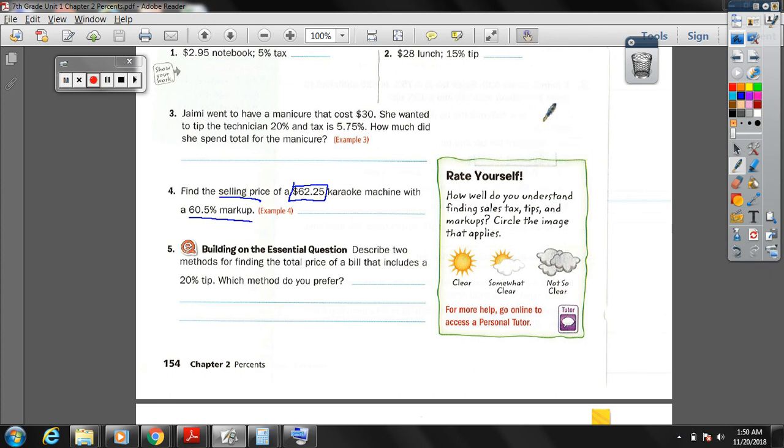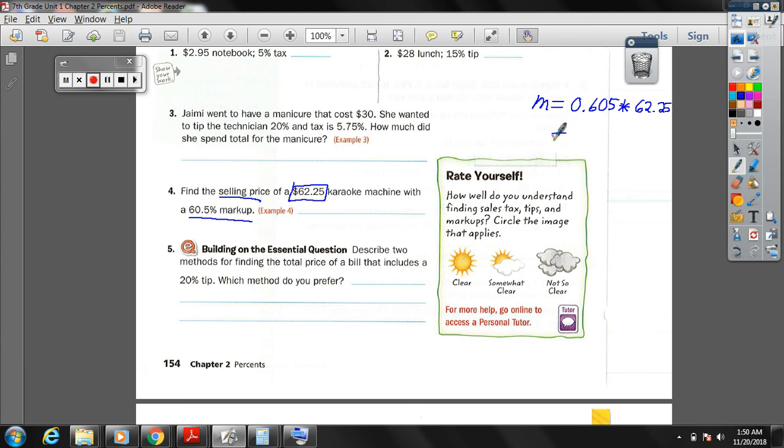We do this very similar to what we did in part D and what they did in example 4. We first need to find the markup. So we have to take the percent written as a decimal and multiply that by the cost that the store paid.